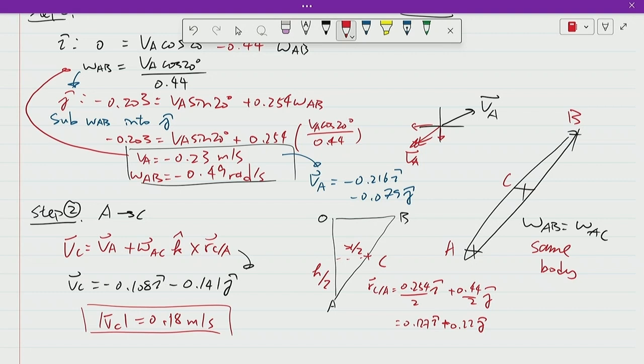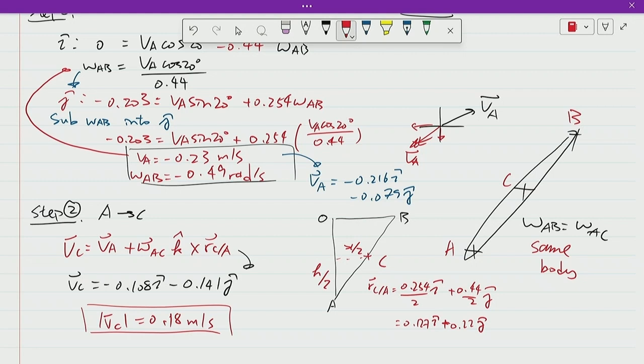Can actually try it. V is 0.23. VB is like in an I and J. No, it wouldn't.